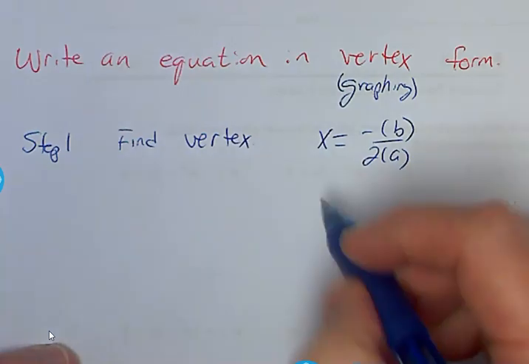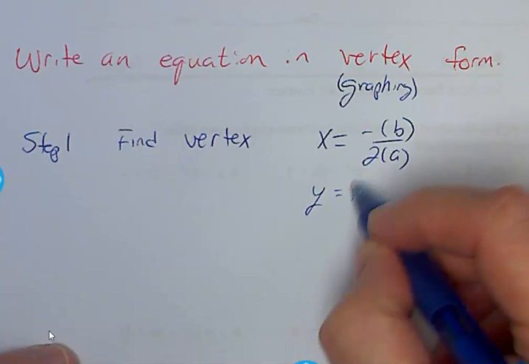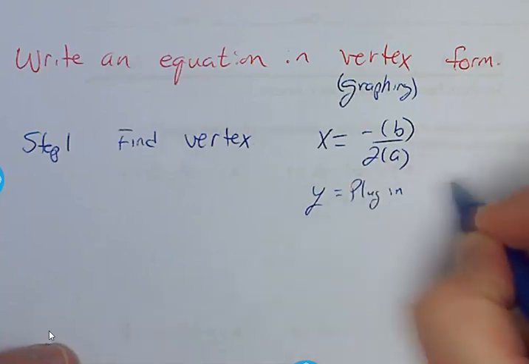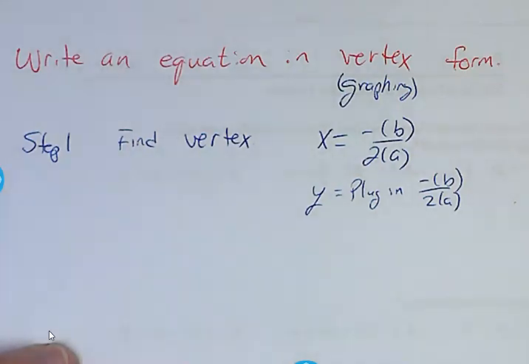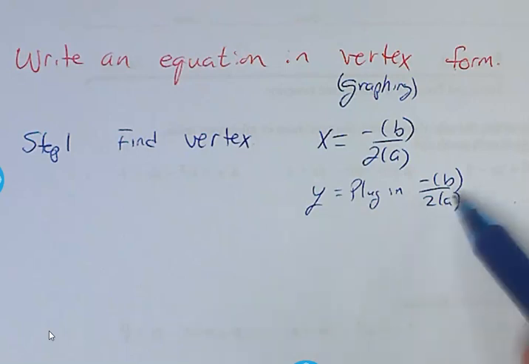And then to get the y part of it, you're going to plug in this value here. So that part's the exact same thing we did yesterday. You're going to find the negative b over 2a, take that number, plug it back into the function to figure out what the y value is going to be, and you've got your vertex for this one.